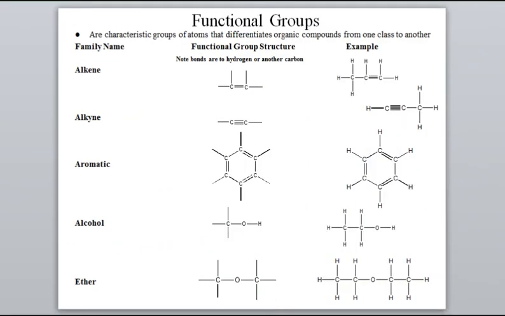Shown on this slide and the next two slides are functional groups, and it's a characteristic bonding pattern, a group of atoms that are bonded together with certain types of bonds. And when I say certain types of bonds, like single, double, and triple, the first three we've already seen. So alkene, alkyne, and aromatic. And if you have an alkene functional group in a carbon-based molecule, there's a carbon-carbon double bond.